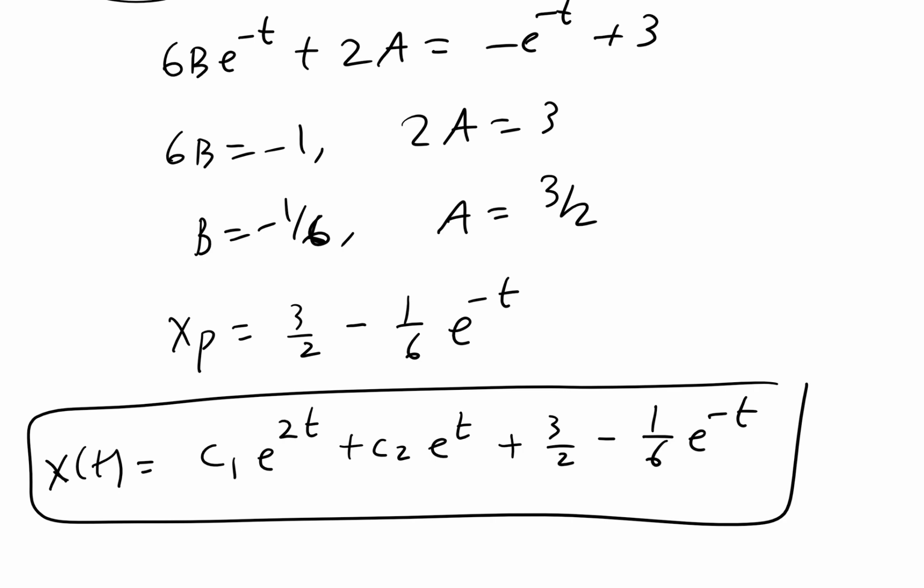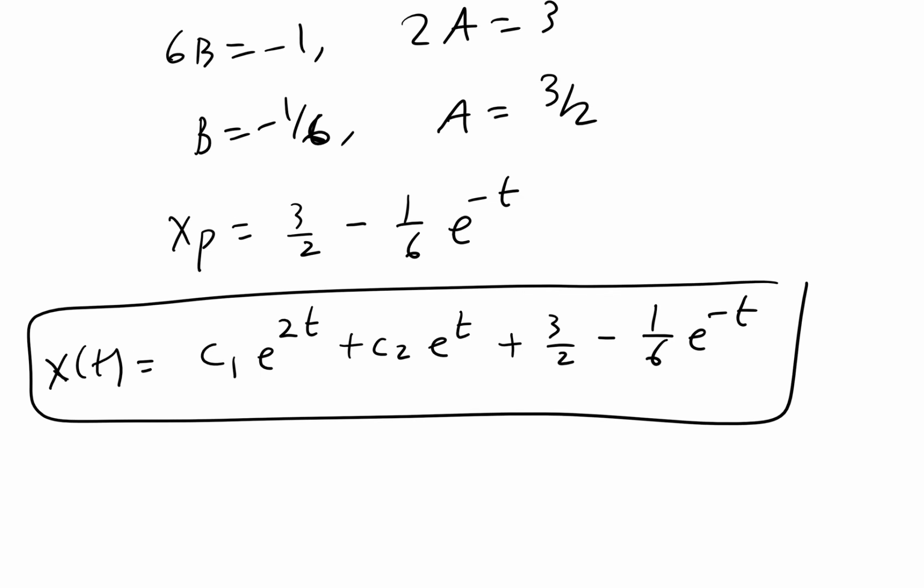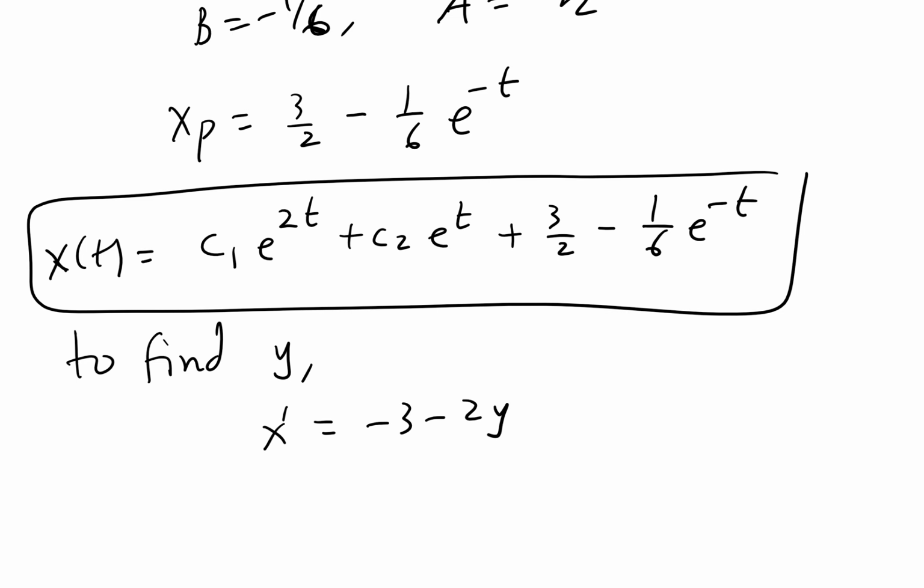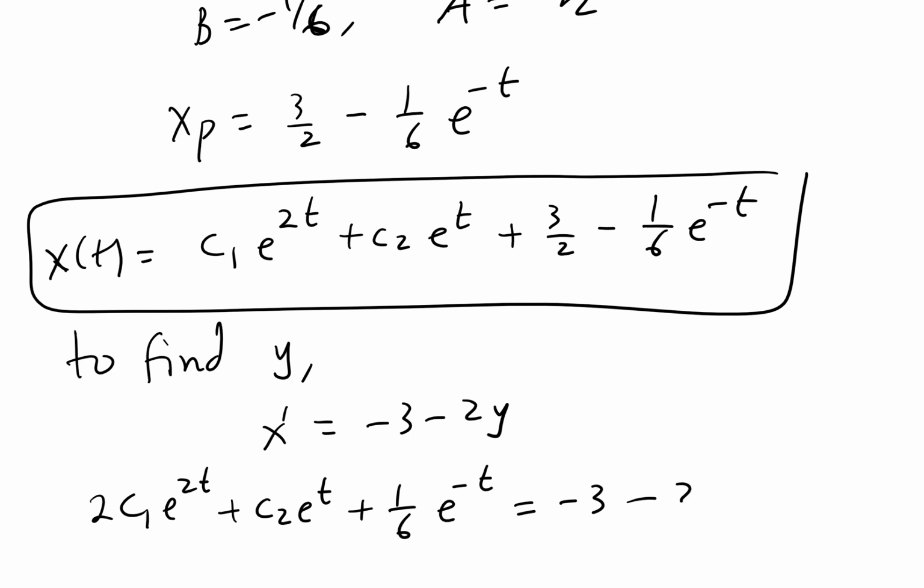Well, in this specific example, when I looked at it the first time, I said, you know what? We're lucky. To find y, I looked at the first equation, x prime equals negative 3 minus 2y, and I just used this boxed answer that I just got for x, and I found its derivative, which is 2c1 e to the 2t plus c2 e to the t plus 0 plus 1/6 e to the negative t equals negative 3 minus 2y.